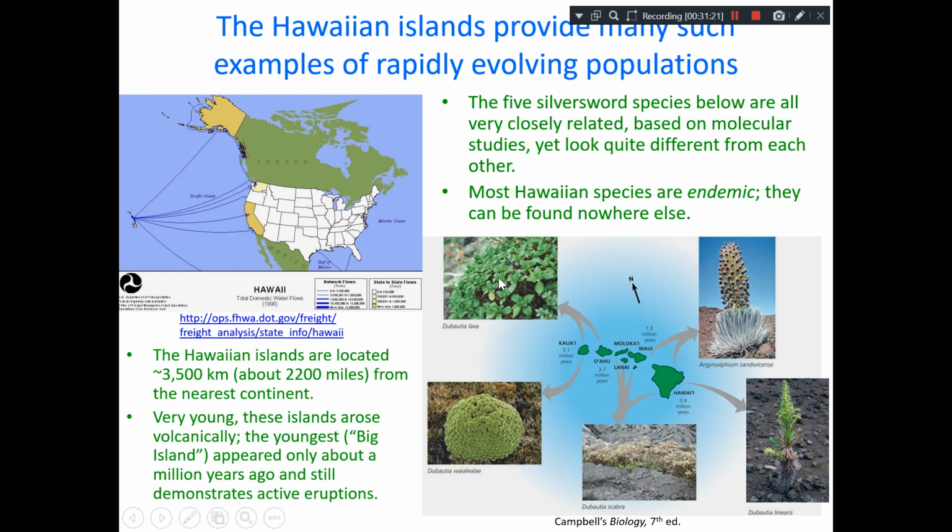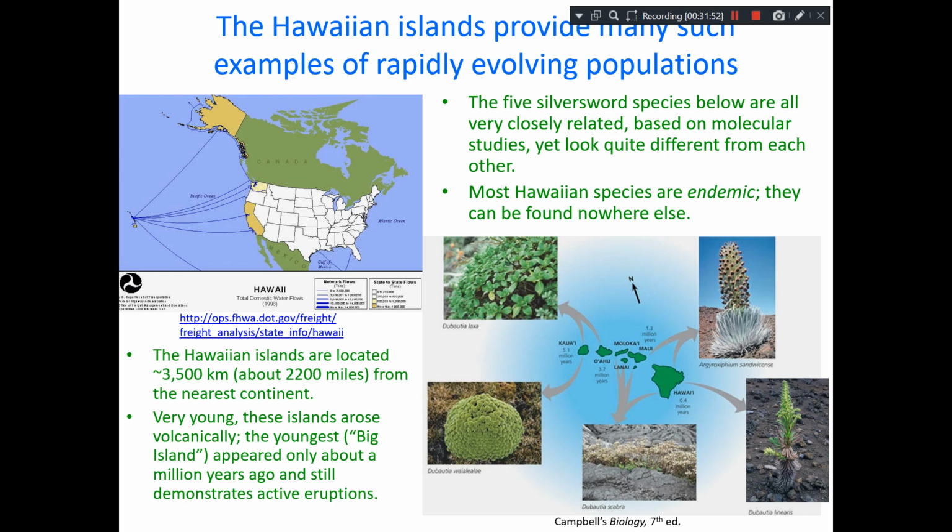Five of these silverwood species below are very closely related. If you study their molecular biology, it says that all these five are closely related, but they look quite different from each other.